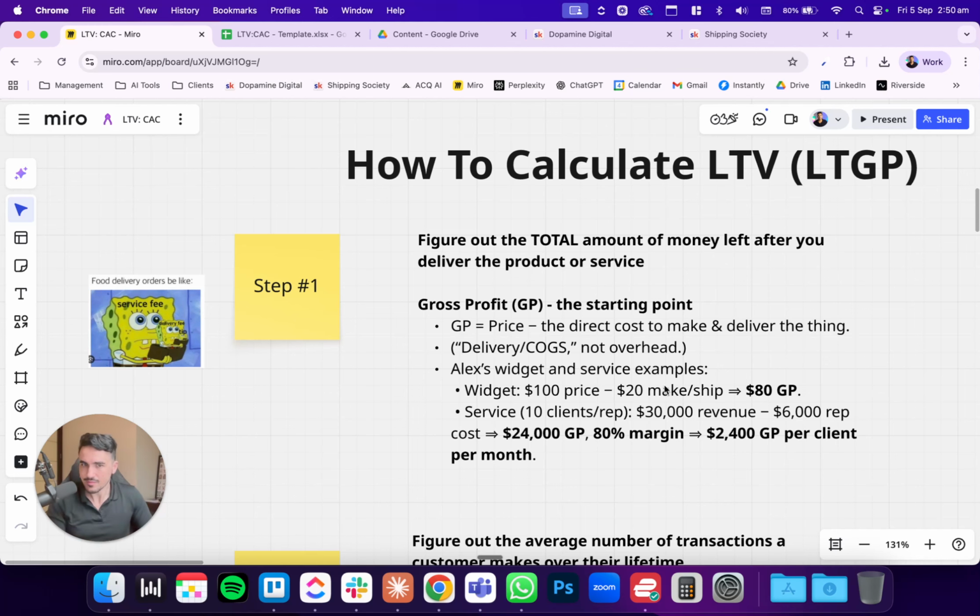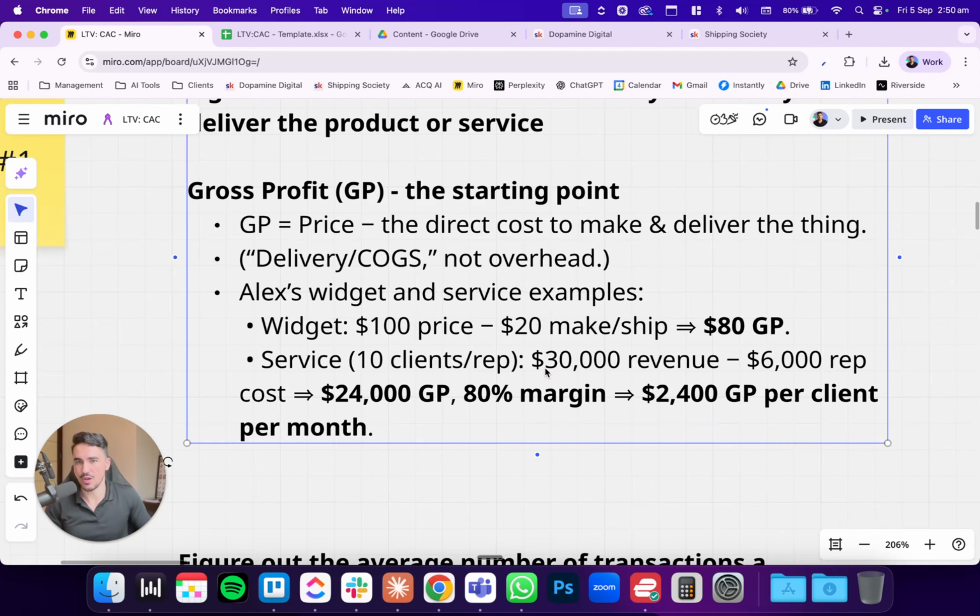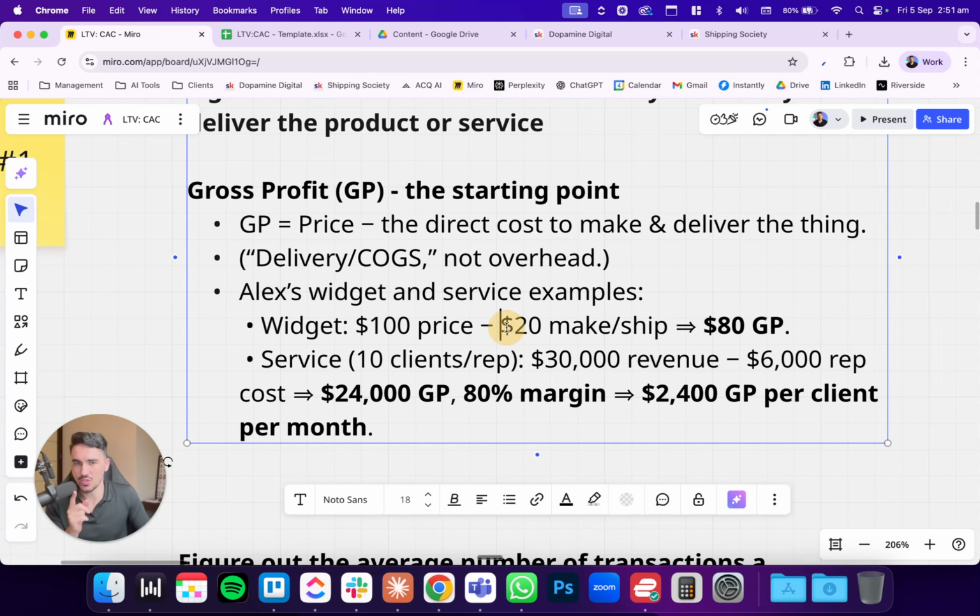So Alex uses an example of a widget that you sell for $100. It costs you $20 to make and ship. And so your gross profit is $80. Now, if you're a service-based business and each rep can service 10 clients, you have $30,000 of revenue minus $6,000 per rep.